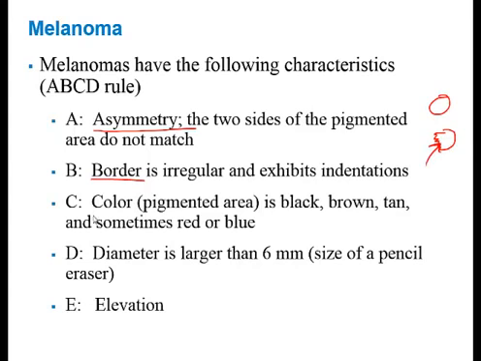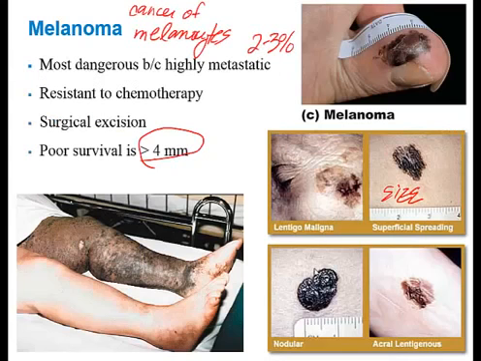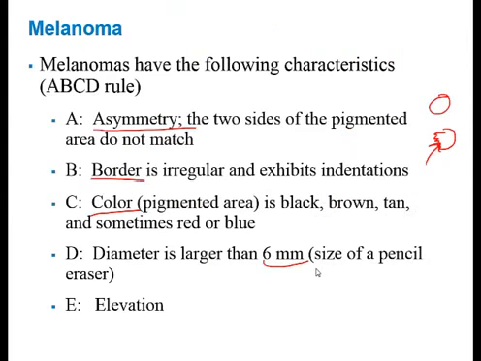Color, and you've seen the color example in the previous slides with the squamous cell carcinoma, and then also the diameter. So if it's larger than 6 millimeters, the size of a pencil eraser, and remember in melanoma, as you can see here, if it's greater than 4 millimeters, then there is a poor survival rate. And then the last one will be the elevation off of the skin.